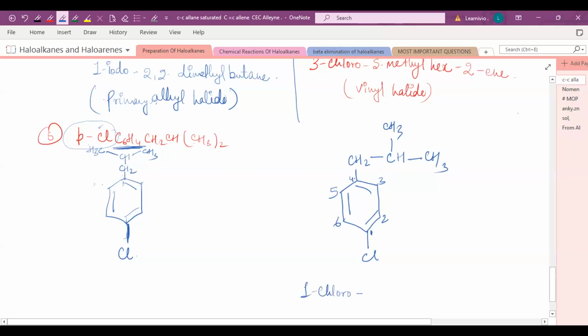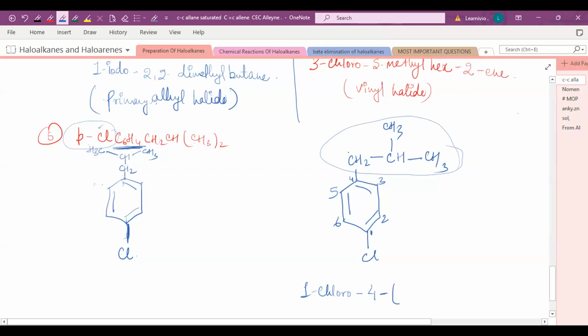Now on the fourth position, there is a substituent. This whole group is attached to the fourth carbon of the benzene ring. So you will write 4, then a bracket, and in the bracket you will name this. Suppose this is your fourth.